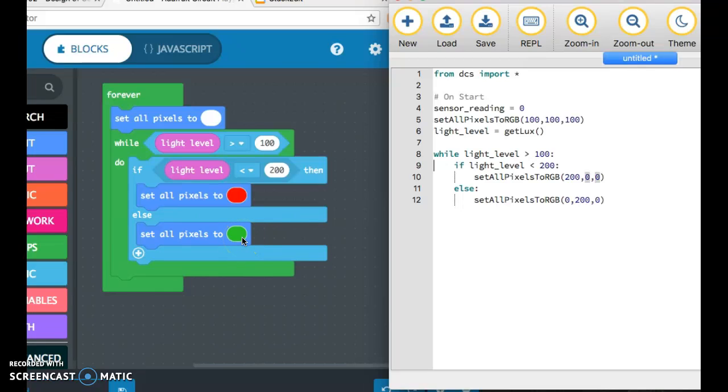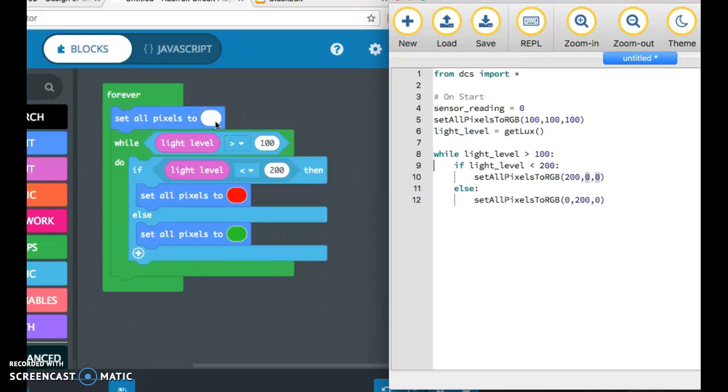And when you put this into the CPX, I really hope I can show you, but I don't know how to record that. But basically, if you put the CPX in a light level that's smaller than 100, all of the pixels would be white.